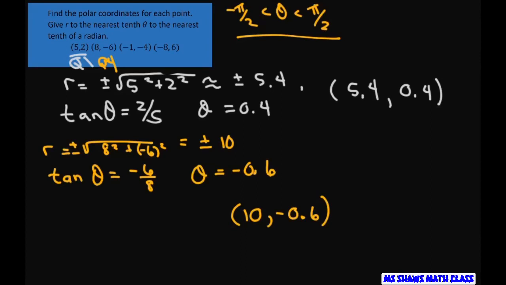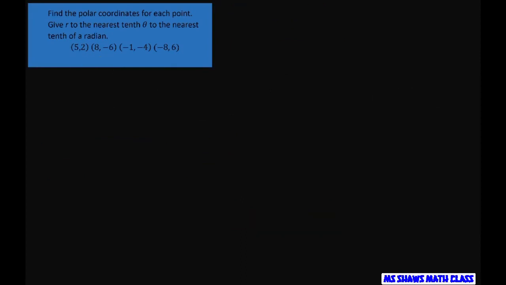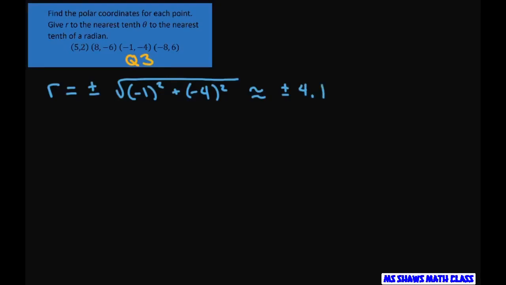All right, and then the last two. So for the negative 1, negative 4, we're in quadrant 3. So that's where we're going to have to adjust our angle. So we have r equals plus or minus square root of negative 1 squared plus negative 4 squared, which is approximately plus or minus 4.1. We have tan of theta equals negative 4 divided by negative 1. And that equals 1.3.